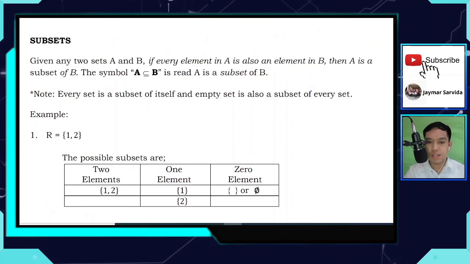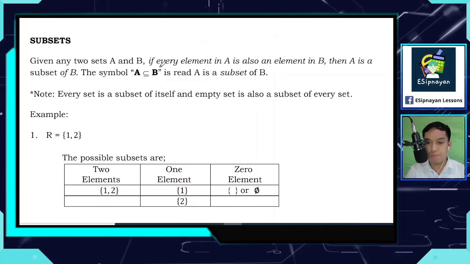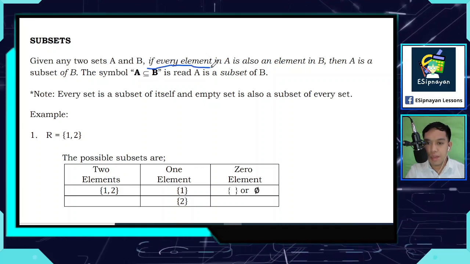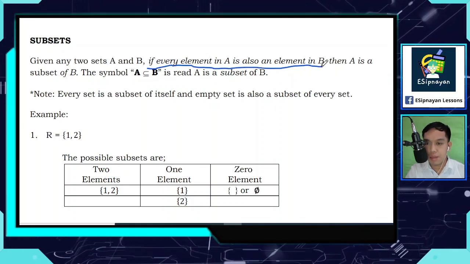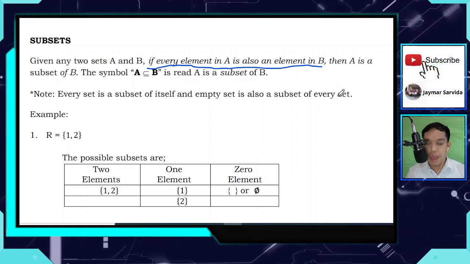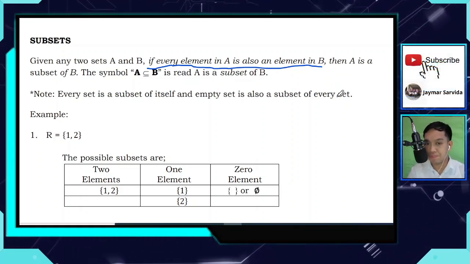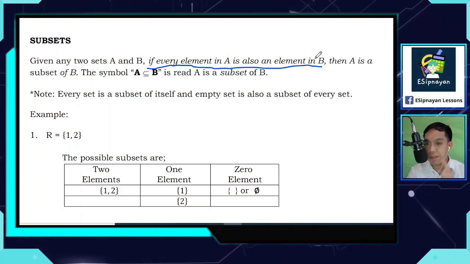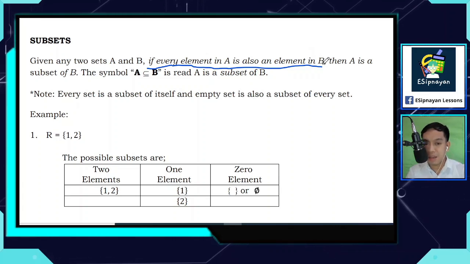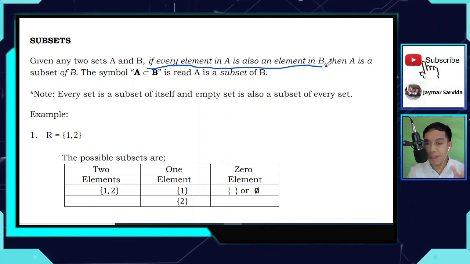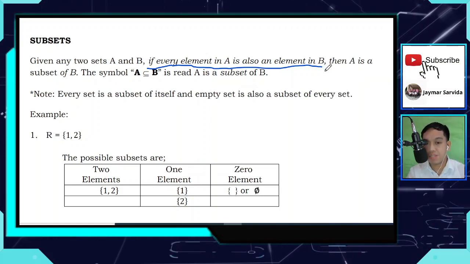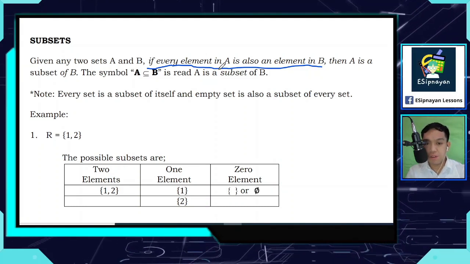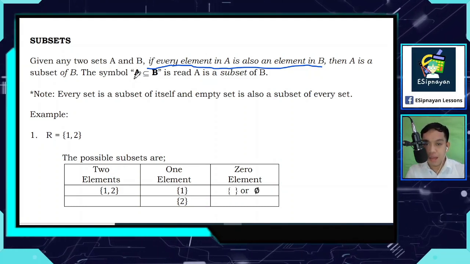So, subsets. Given any two sets, A and B, if every element in A is also an element in B, then A is a subset of B. So, it means kung ang element ni A ay element din ni B, therefore, si A ay subset ni B. So, the symbol for that is, ito yung ating symbol.